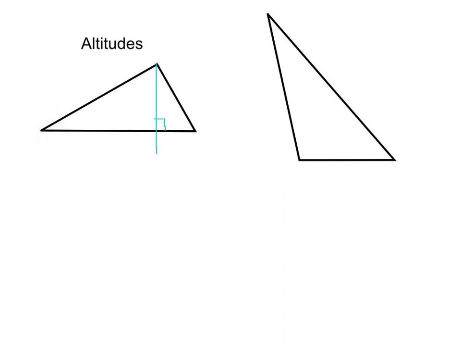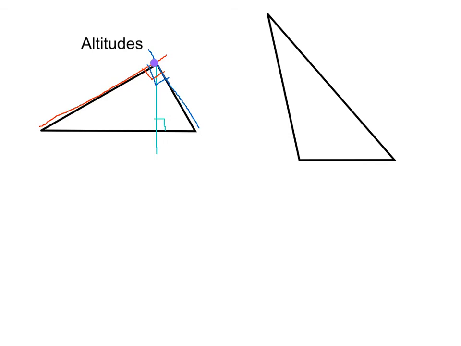I need to go straight down to my base at a perpendicular. And my last one, looking at this angle here, I'm going to go straight down to my base at a perpendicular. So here, all three of these lines intersect at that point right there, which is called my orthocenter. For a right angle, it's always going to be at that box.